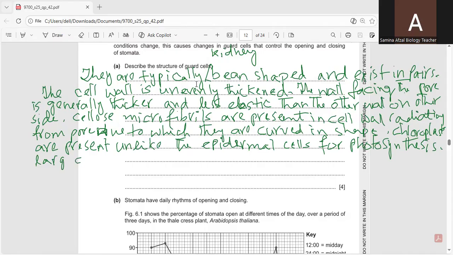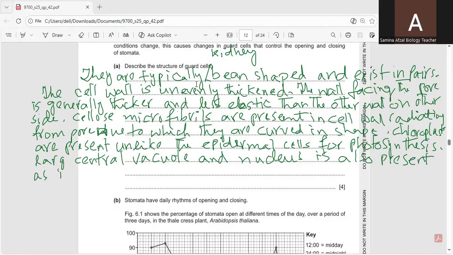A large central vacuole and a nucleus is also present, as in other eukaryotic cells.